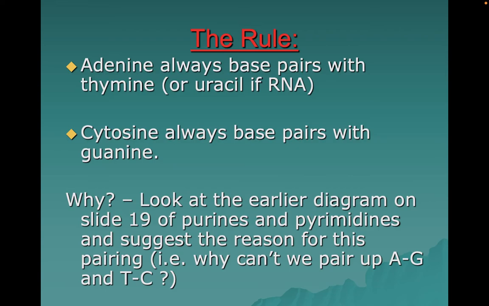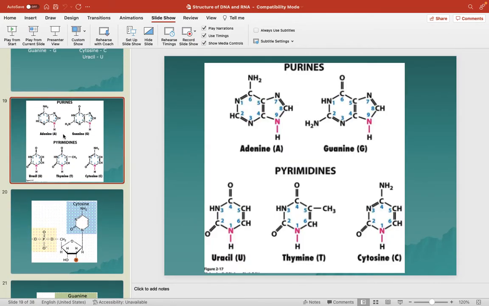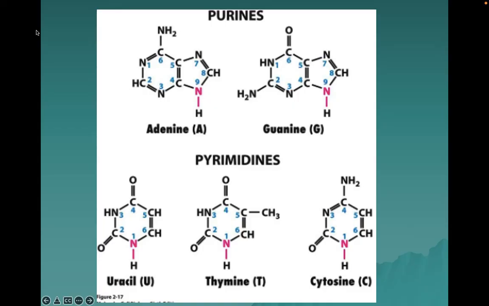So in a minute, I'm going to go back to slide 19 of a PowerPoint and look at the structure of purines and pyrimidines. So why do you think A always pairs up with T or U and cytosine always pairs with G? So let's go back then to slide 19 and see what that slide was showing. There it is. So I've got these structures of purines and pyrimidines.